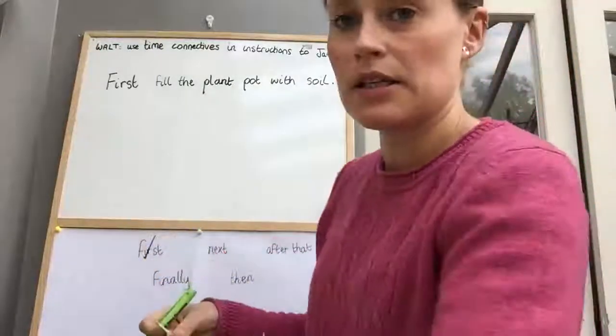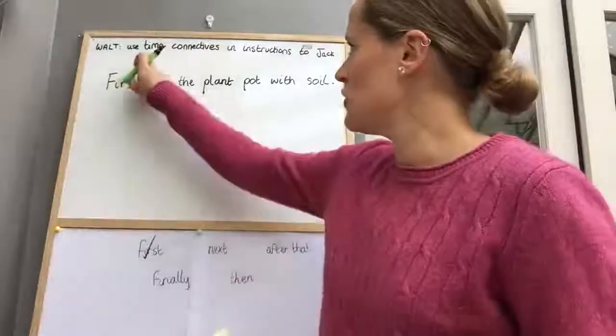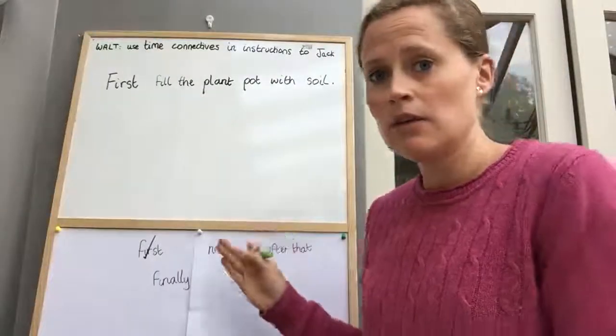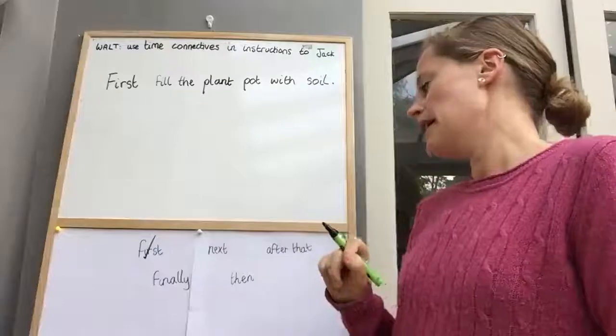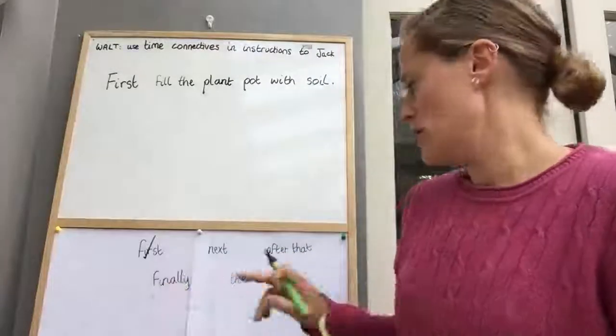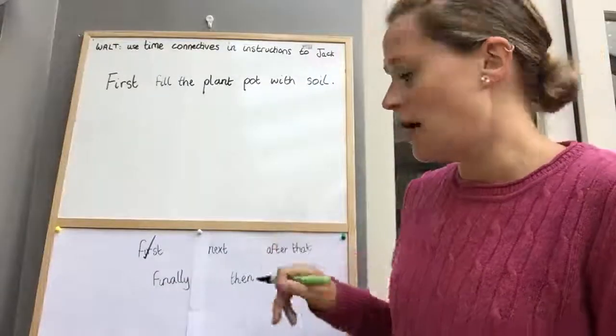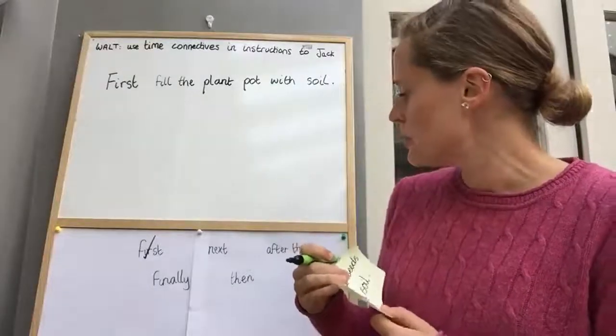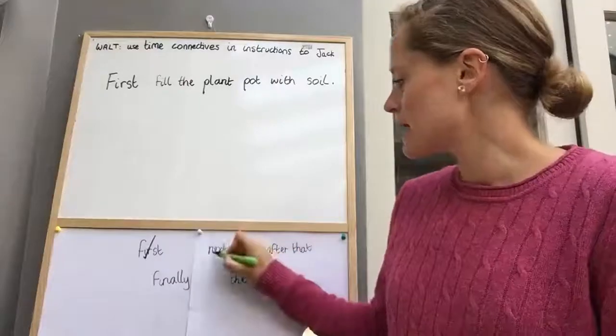Plant the seeds into the soil is our next one, but I need to use one of my time connectives. What would be the most appropriate one? Can I put finally now? No? Still not yet. Remember, finally happens at the very end. So we could use then, next, or after that. I think all of those would actually make sense. So I'm going to choose next.